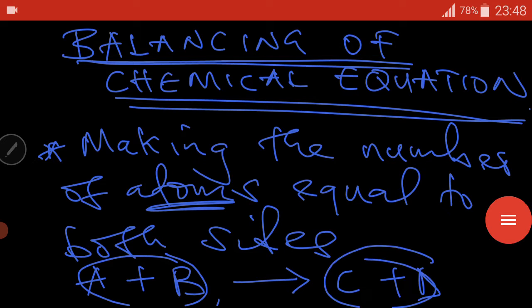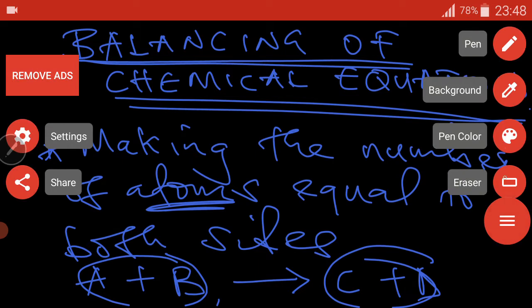So this is simply balancing of chemical equations.